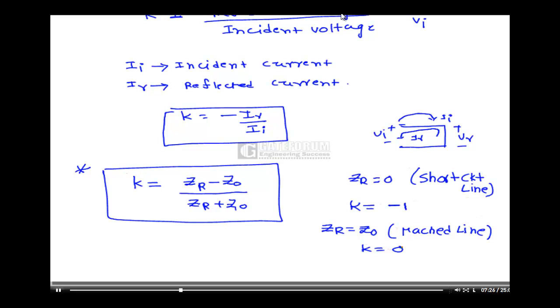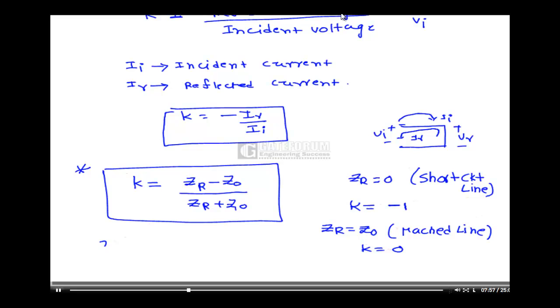Reflection coefficient equal to 0 means VR by VI is equal to 0, that is, the reflected voltage is equal to 0. There is no reflection at all. All the energy we send from the input side is absorbed at the output side. That's why it is called the maximum power transfer theorem. Maximum power transfer will take place whenever the load is terminated with its own characteristic impedance.